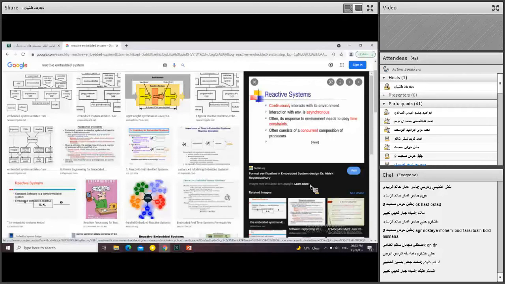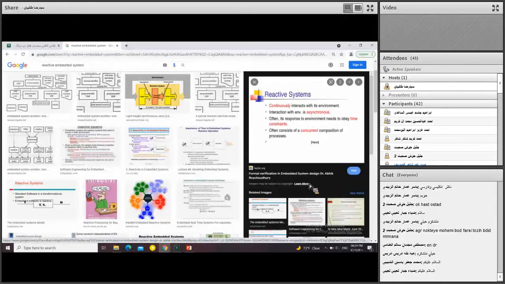Interaction with the environment is asynchronous. Often its response to the environment needs to obey time constraints. Often it consists of a concurrent composition of processes.